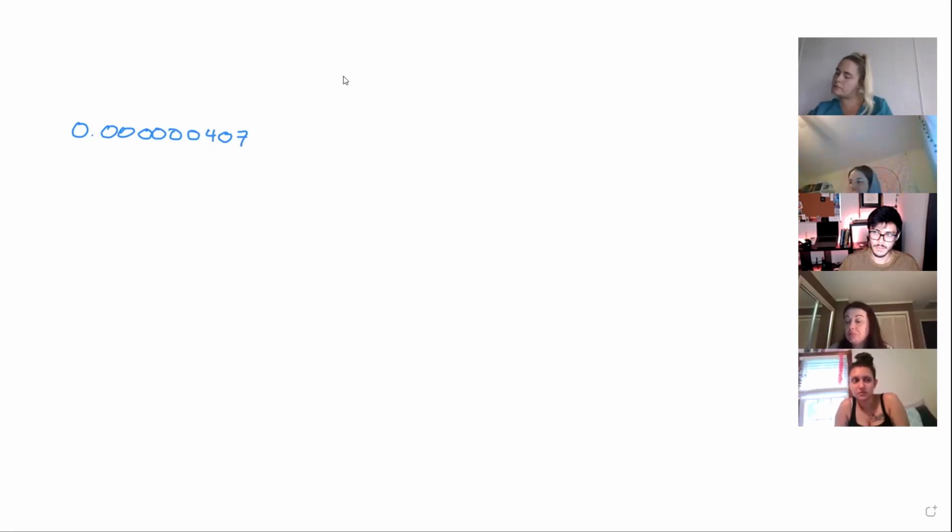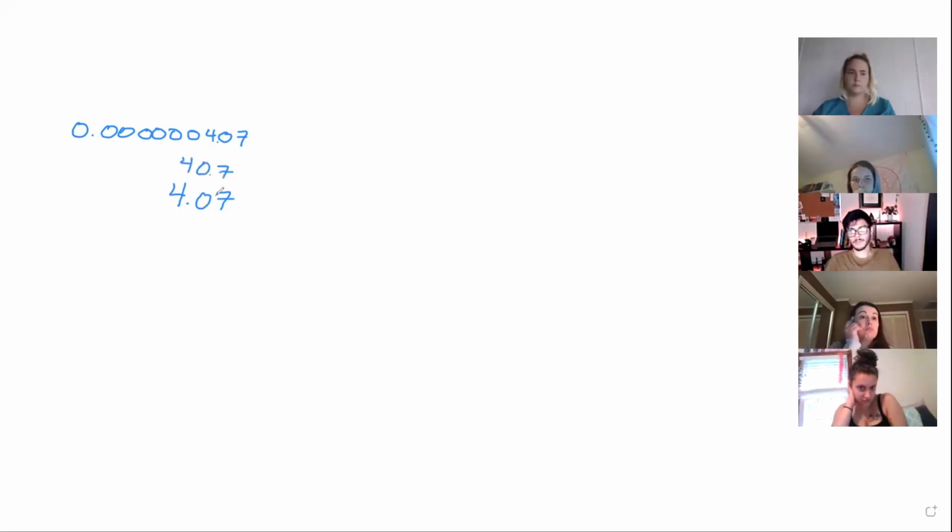All right, so when you have a decimal number, it is easier to see where the decimal is, right? So it's living there. We want to move it to this spot here. So we'll have 4.07. That lies between 1 and 10. Why wouldn't we go with 40.7? Doesn't lie between 1 and 10.